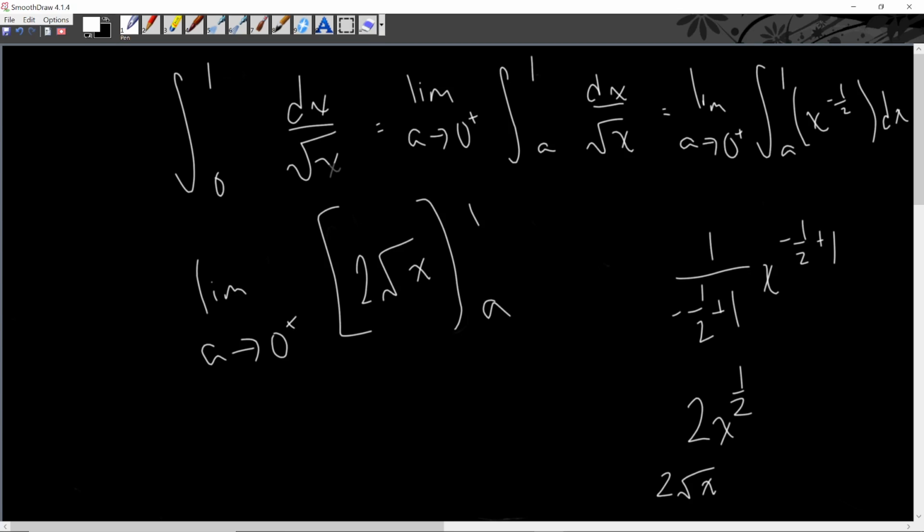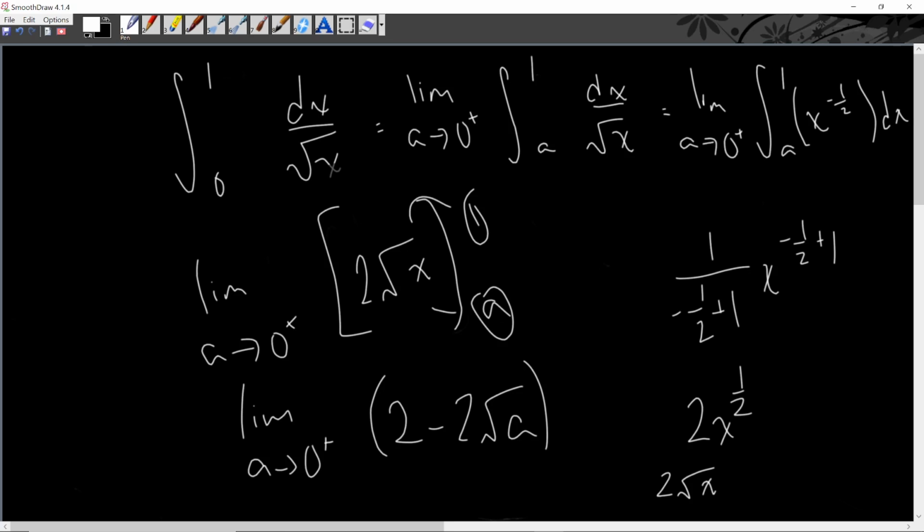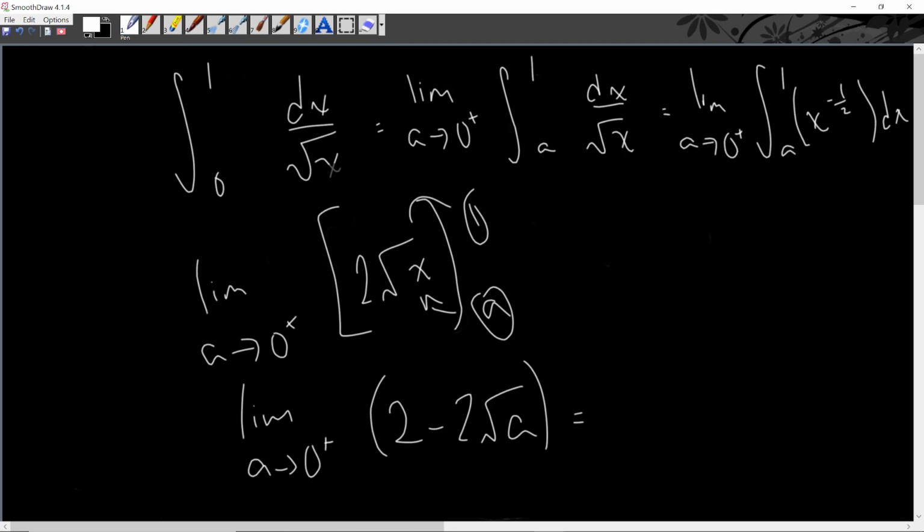We're just going to be left with the limit as a approaches 0 from the right of 2 minus 2 root a, when we just plug in what we had originally. So yeah, plug in 1 for there, a for there. And then from here, we are doing the limit as a approaches 0, so we will just directly substitute 0 for a, and we're just going to be left with 2.